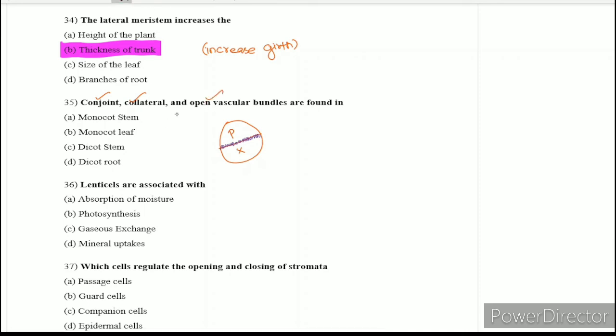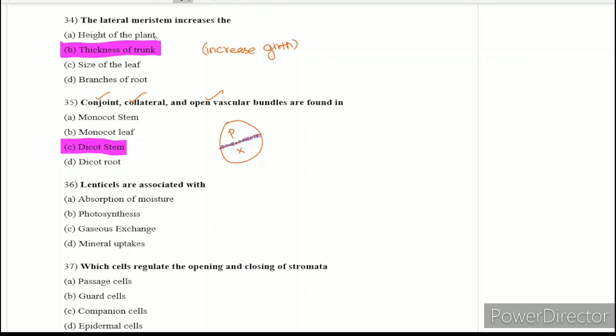Such conditions can be seen in option A, monocot stem. Option B, monocot leaf. Option C, dicot stem. And option D, dicot root. So the correct answer for this is dicot stem. In dicot stem we can see the conjoint vascular bundles.